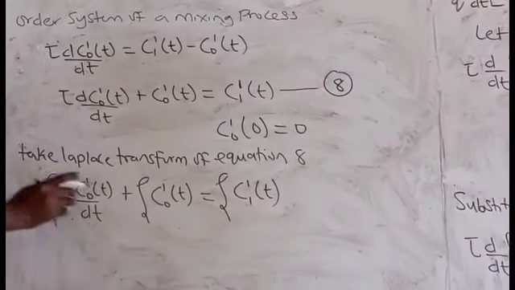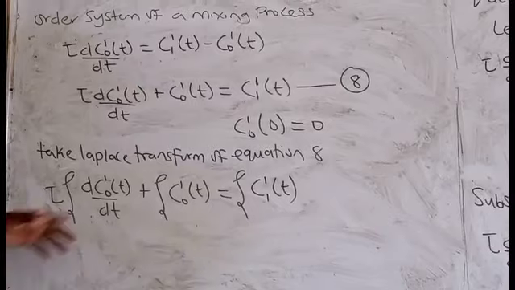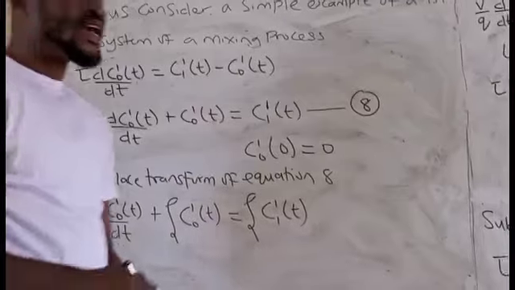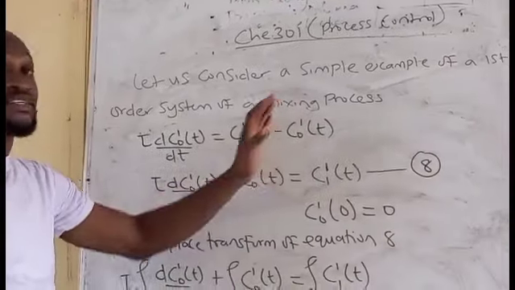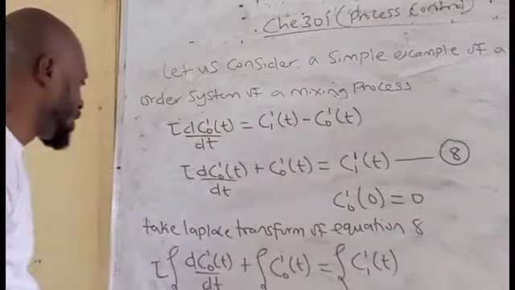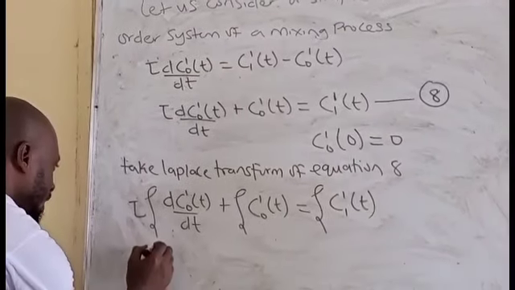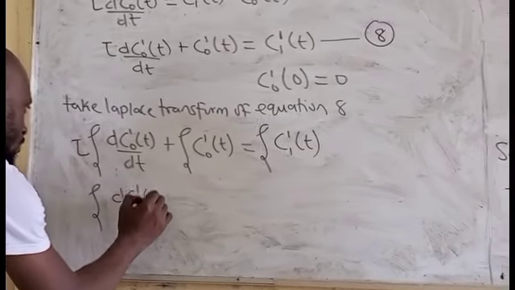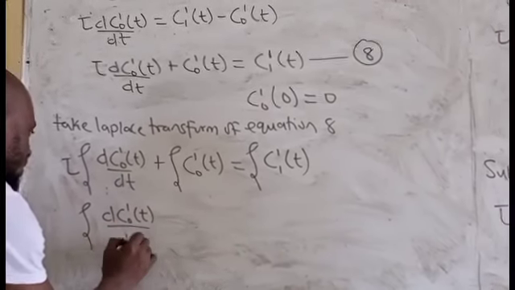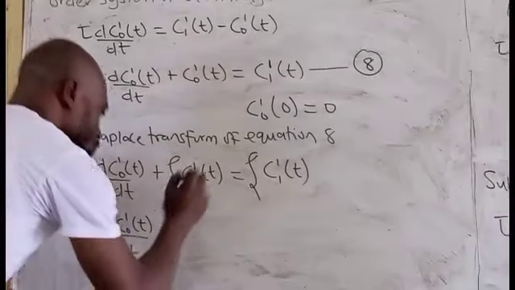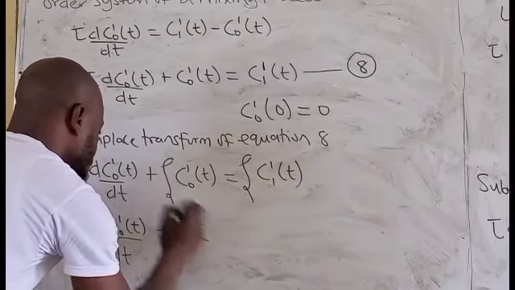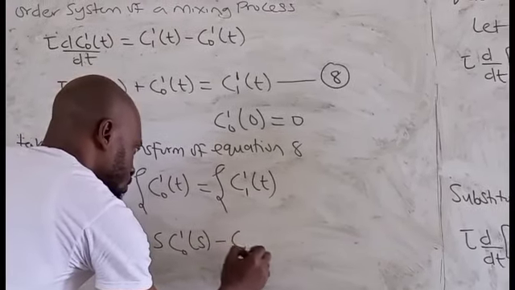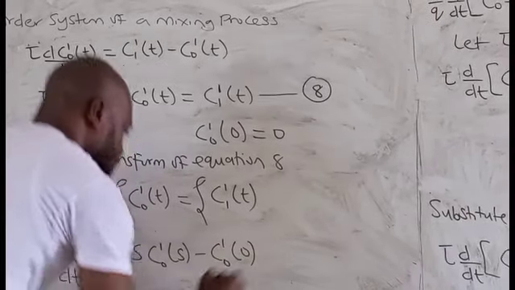Now this one is first order. Like I did in our previous class, I derived the formula for obtaining the Laplace transformation of first order, second order, and third order. So the Laplace transformation of dC0 prime of t over dt will give you s C0 prime of s minus C0 prime of 0.